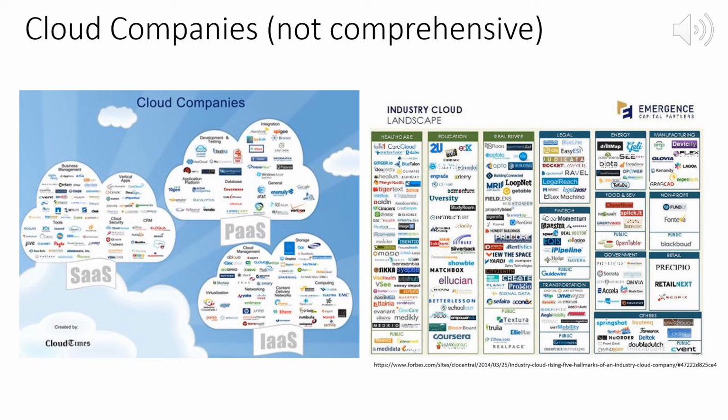The one on the right shows a particular investment firm, I believe, that looks into what healthcare providers exist, how do we find stuff in education, real estate, legal, energy, manufacturing, non-for-profit, food, government, retail, transportation, financial technology, and certainly others.